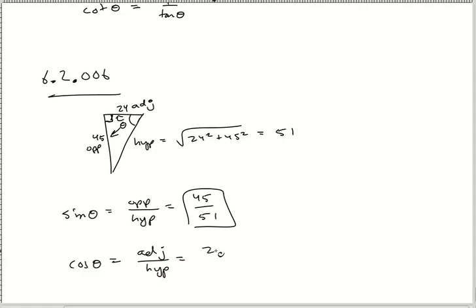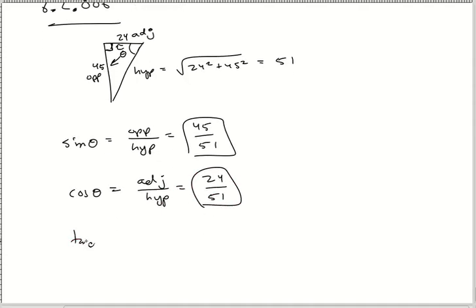And so then I got this 24 over the 51. And lastly, tangent, opposite over adjacent. Again, I'm just using these formulas because they're more convenient. Same thing, though. So my opposite is the 45, and my adjacent is the 24.